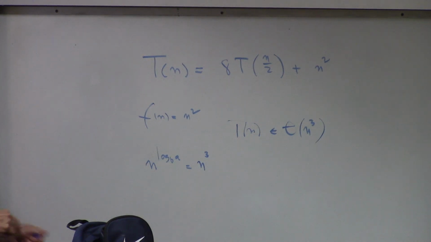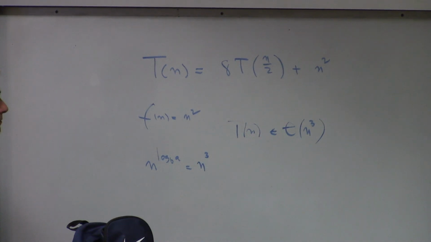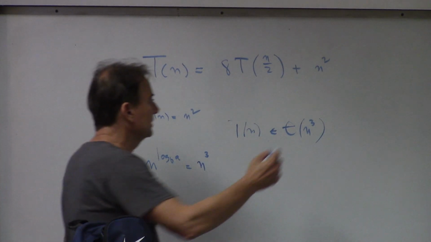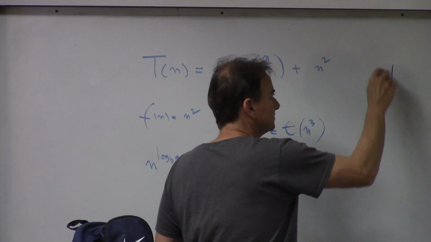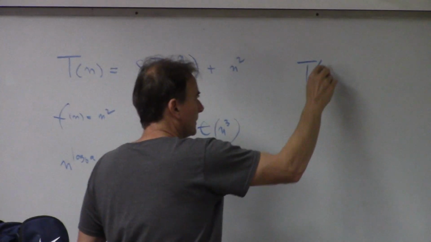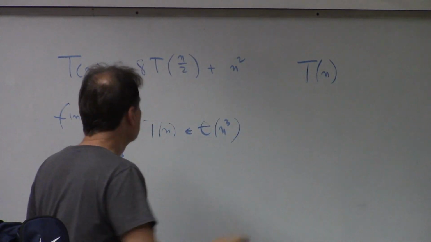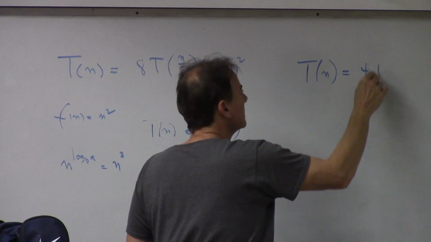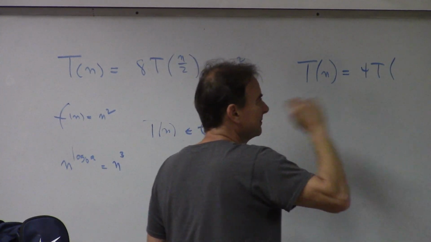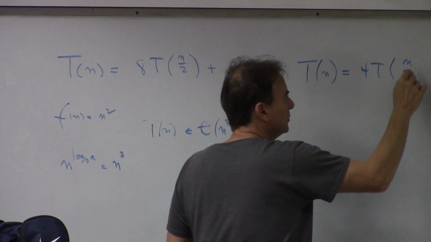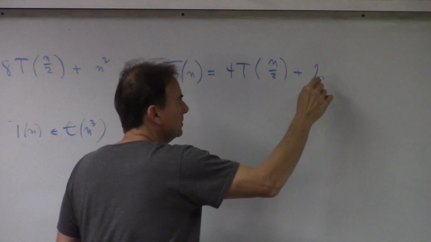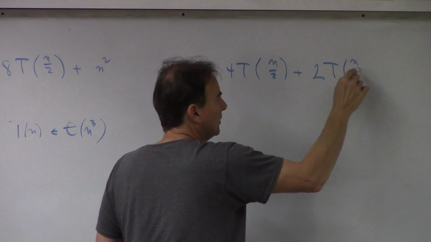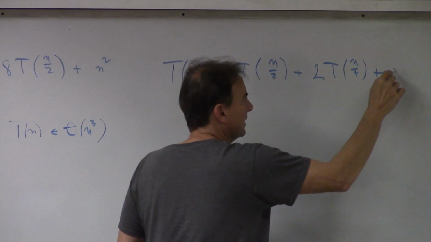Okay, so let's take a look at another example. Let's say we have T of n is equal to 4T of n over 2 plus 2T of n over 4 plus n.